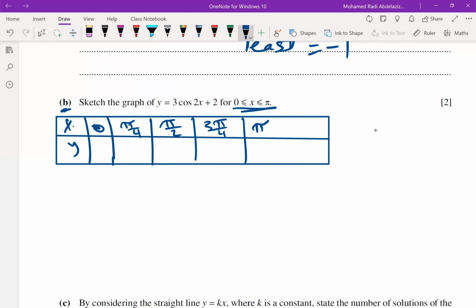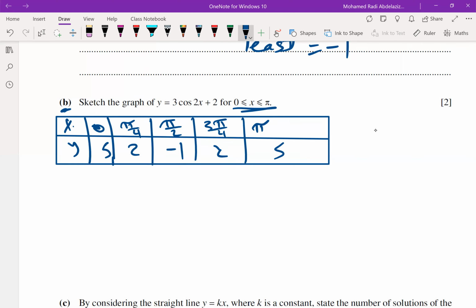The start is 0, the end is pi, and the step is pi over 4. You will get the points 5, 2, -1, 2, and 5.